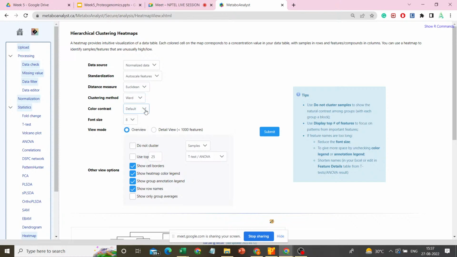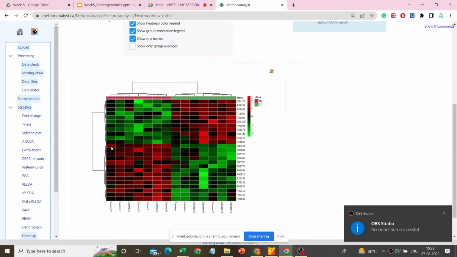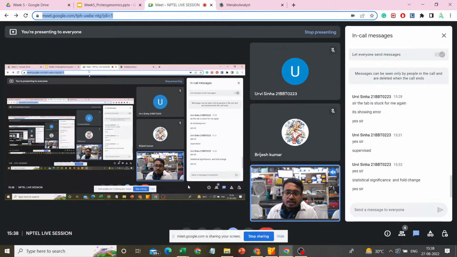The clustering method is what? You can choose not to cluster samples, or you can allow it to cluster the samples, and you can check on it. Similarly, for this protein, you can see that it is upregulated in the disease class and downregulated in the normal class, right?